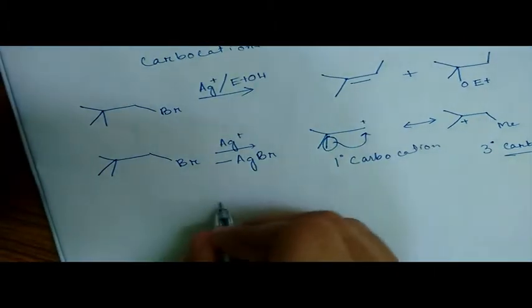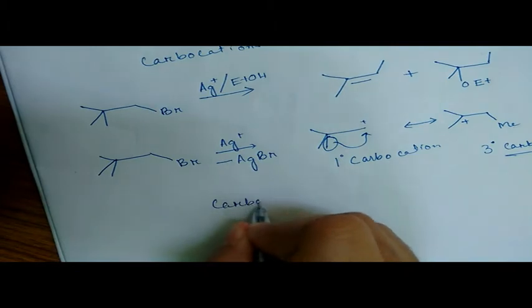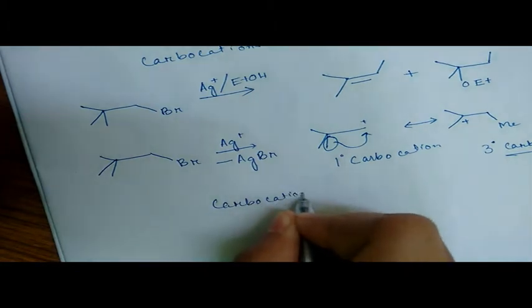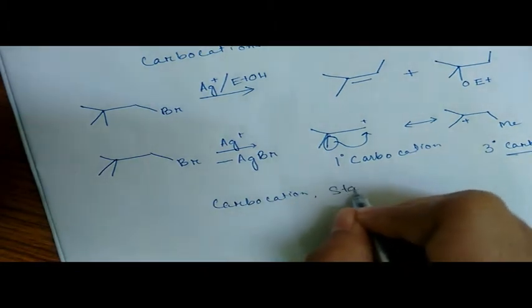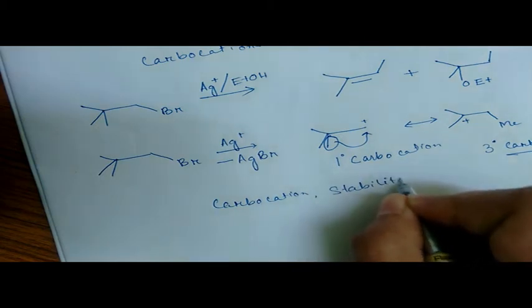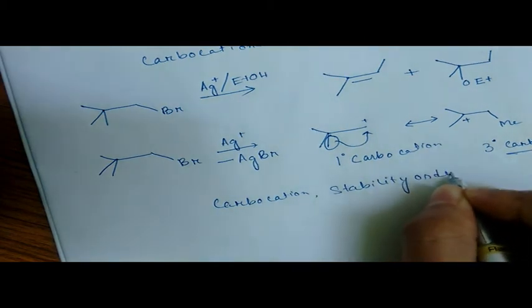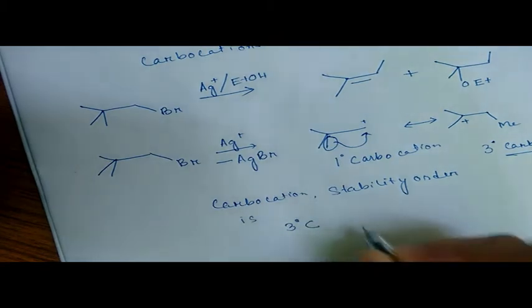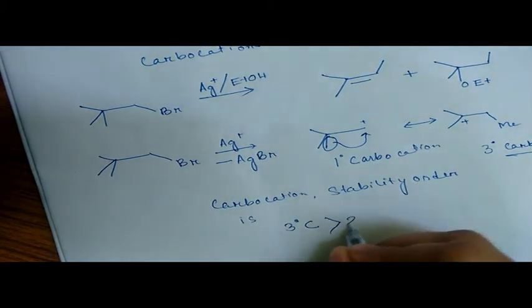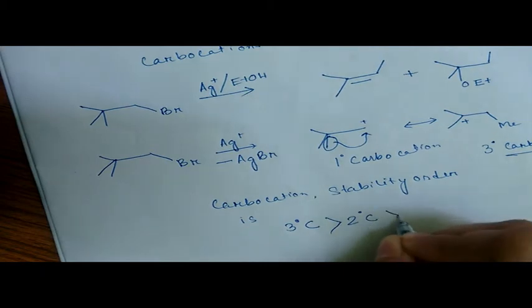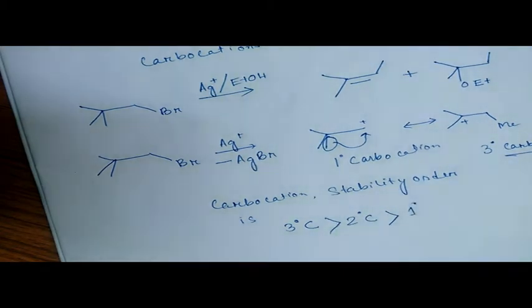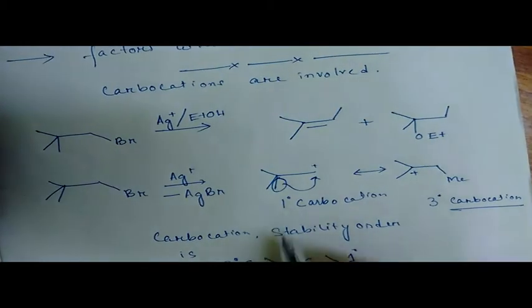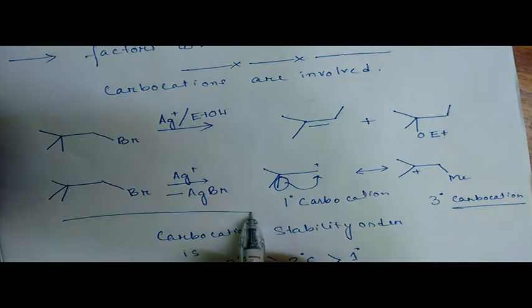Now we know that for carbocations, the stability order is: 3 degree carbocation is the most stable, then comes the 2 degree carbocation, and then the 1 degree carbocation. So what is the driving force in this reaction?